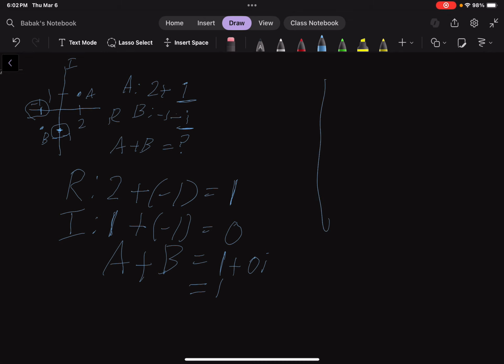As said before, the complex numbers may be represented on a plane. Now, say we have 2 on the real axis, and once again, perhaps 1 on the imaginary axis. Now, this would correspond to such a complex number.